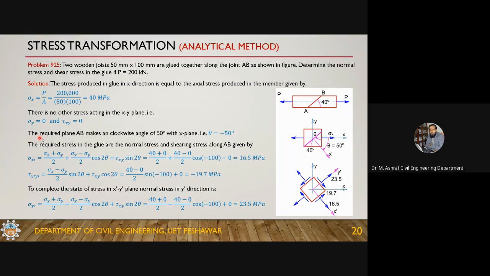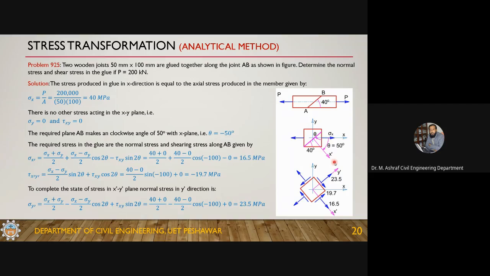Now the requirement is to calculate stresses along this AB plane. This AB plane is making an angle of 40 degrees with the axis of the member. But in stress transformation, we require the angle between the x plane and the required plane, or the angle between the x-axis and the perpendicular to the required plane.